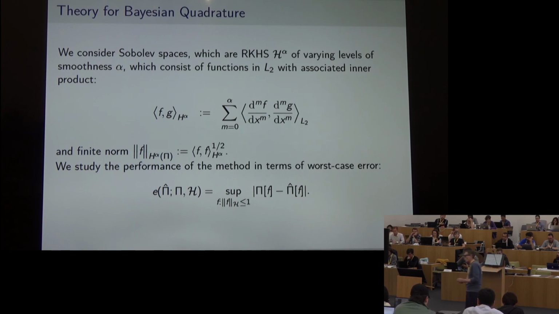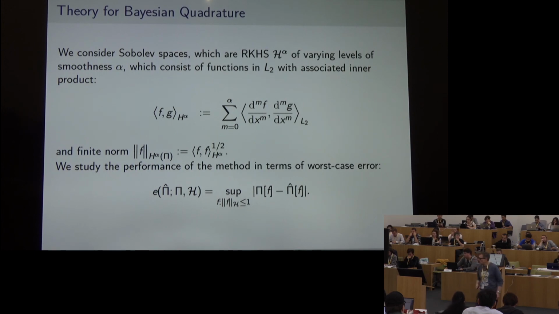So the inner products and the associated norms are going to be defined by the L2 inner products of the derivatives, or sum of the L2 based norms and associated derivatives, inner products, sorry, of the various derivatives associated with the function class.